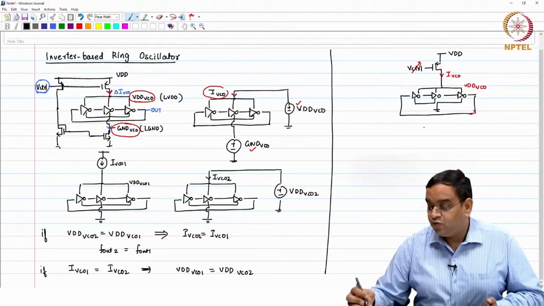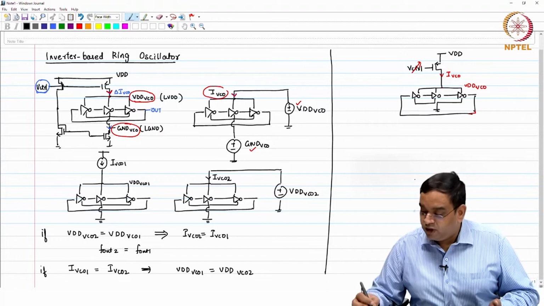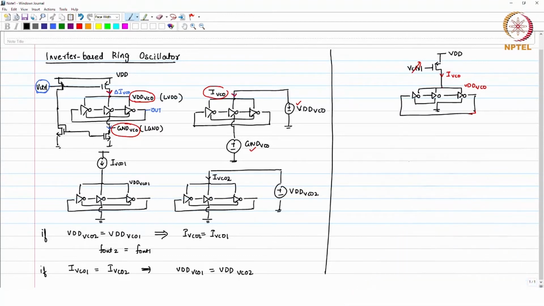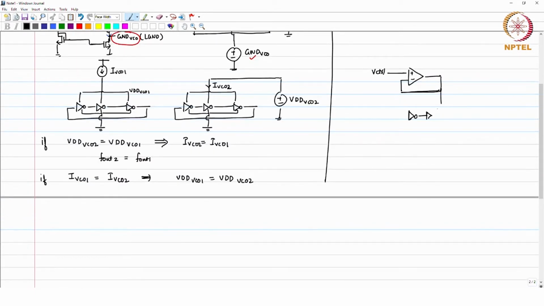Whereas, if you want an ideal voltage controlled oscillator, you can use a regulator to fix the output voltage. I will give this as V control, and this V control feeds your oscillator.